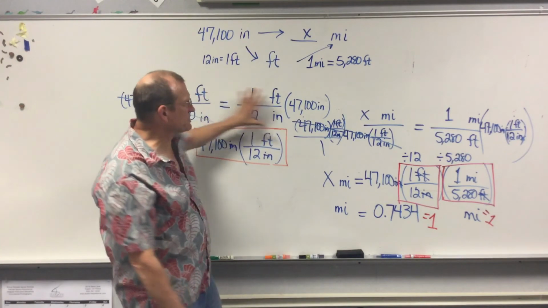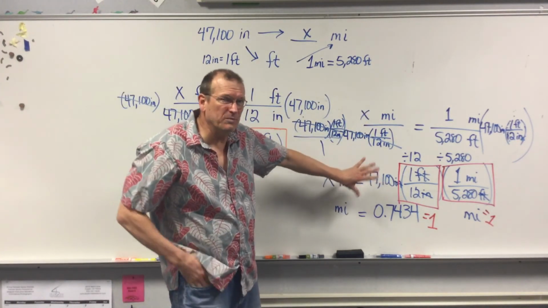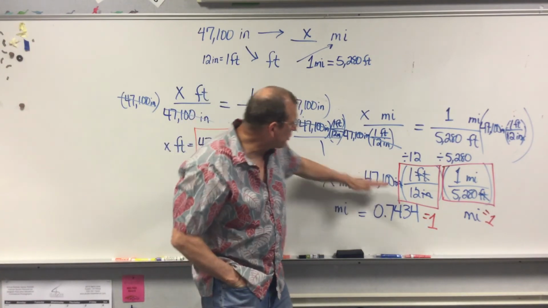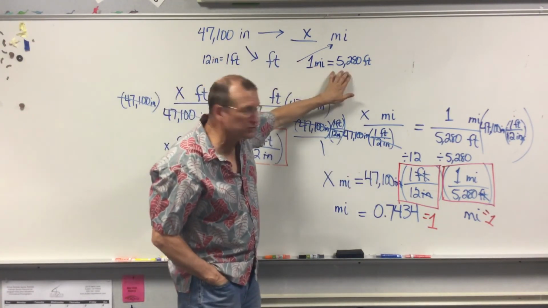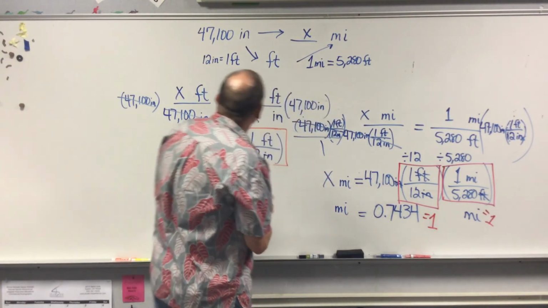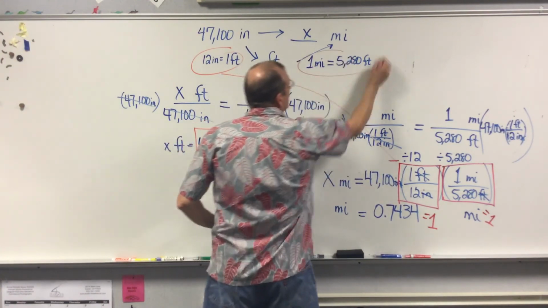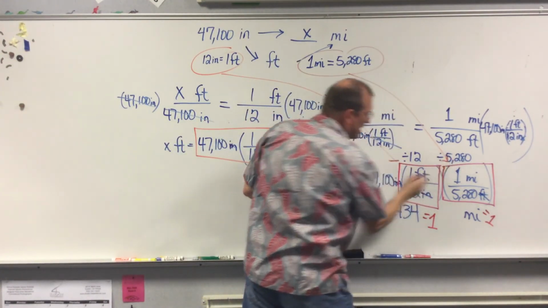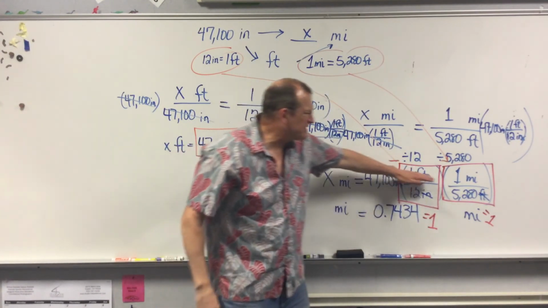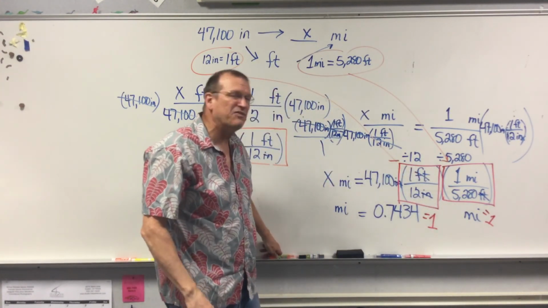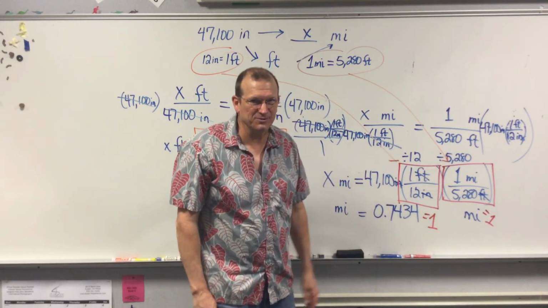And you don't have to do this ratio thing, because in the end, what we've learned from this example is we can just start with the first value, and if we know the conversion factors that we need, we can just set them up so that units are diagonal from each other, and that tells us where to place values, and that in the end tells us what math we need to do to get our right answer.